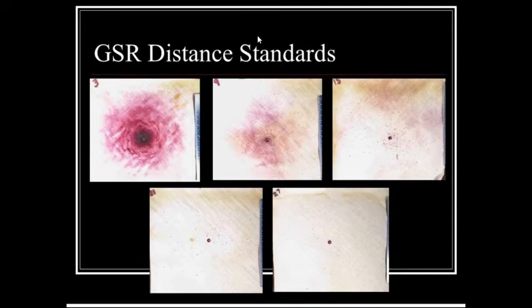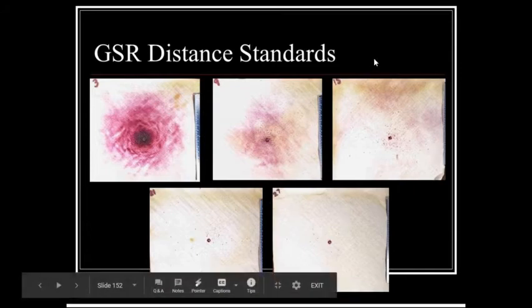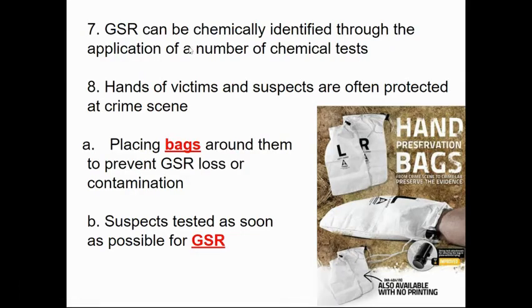So here are some different standards of different distances. So these were all fired at different distances. You can chemically identify it through a series of different tests. So this is one of the reasons that you might see at a crime scene.